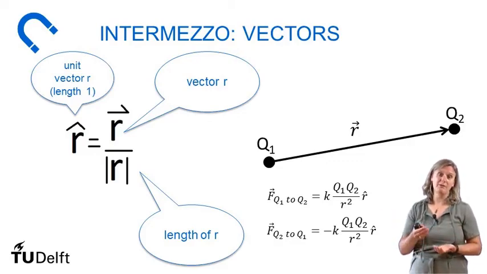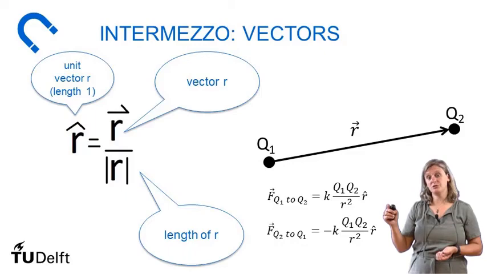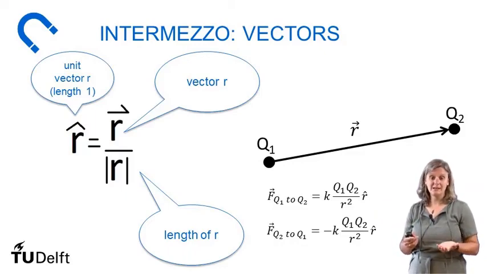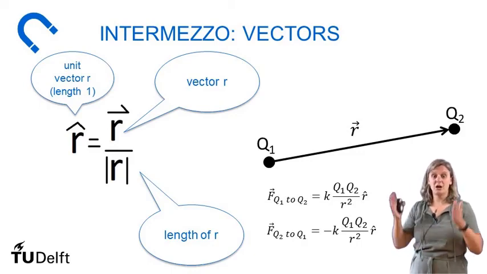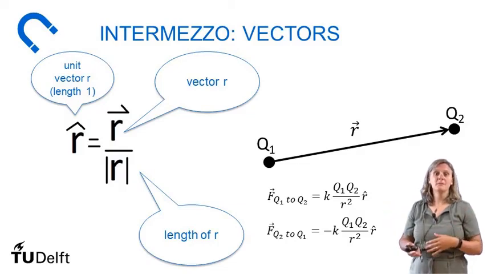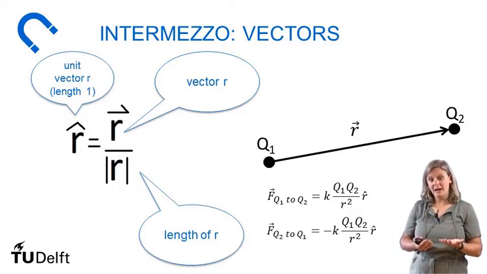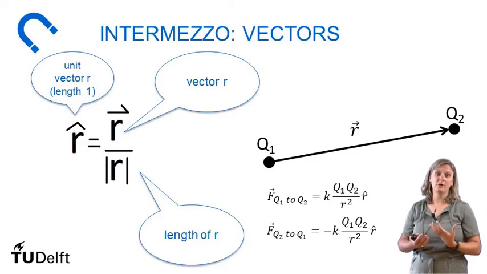So we have the vector R, so this is R with this arrow, and the vector R points from Q1 to Q2 with a length of R. But the unit vector R hat is normalized with the length of R, which is this R between vertical lines, the length of R. So basically R hat is what we call the unit vector of R.